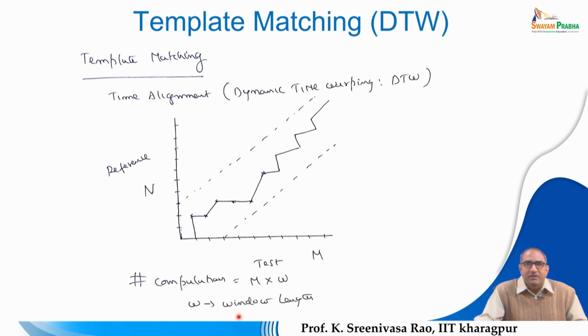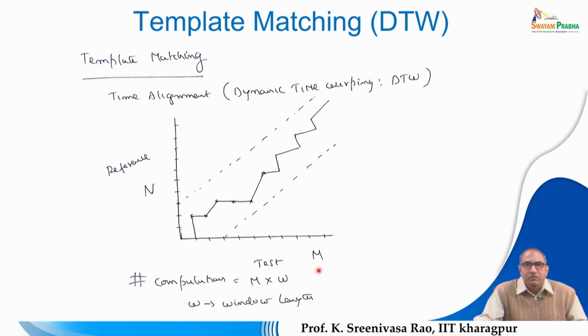In principle the window length could be the total complete length, but that is very expensive, because the number of comparisons required will be n times m for every word sample.